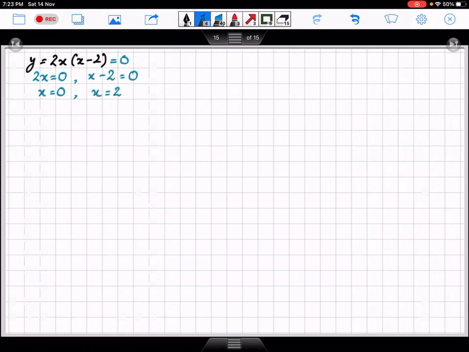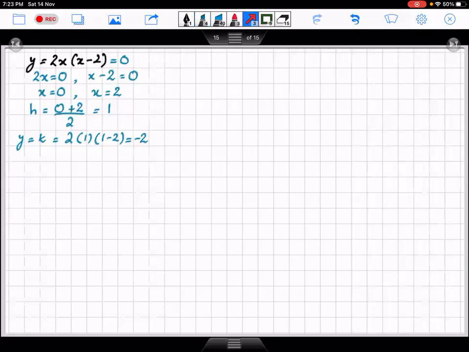So to find out the value of h, I will take average of them. So it becomes 1. Now to find out the value of k, y should be equals to k and put this h in the equation. So I will get the value of k.